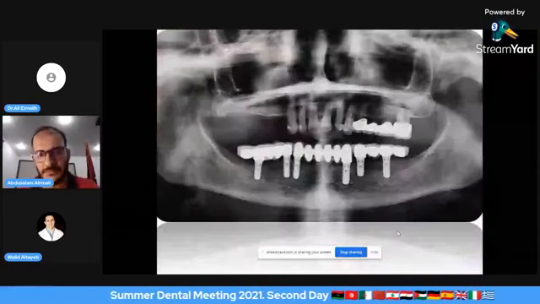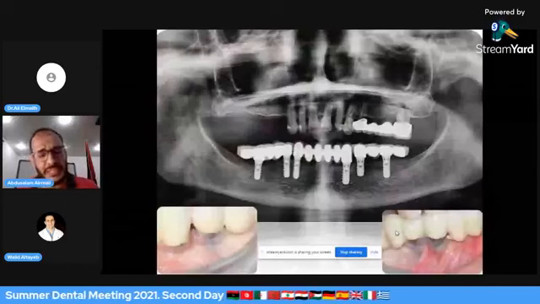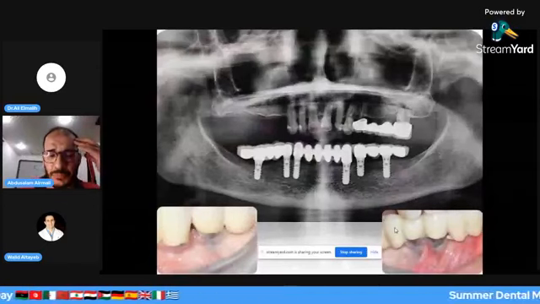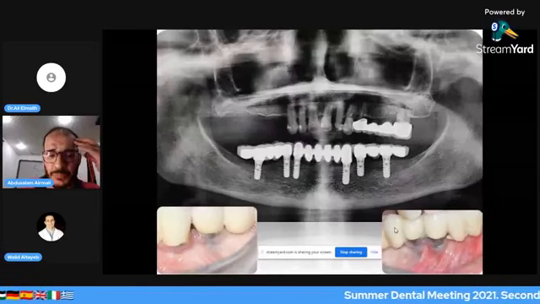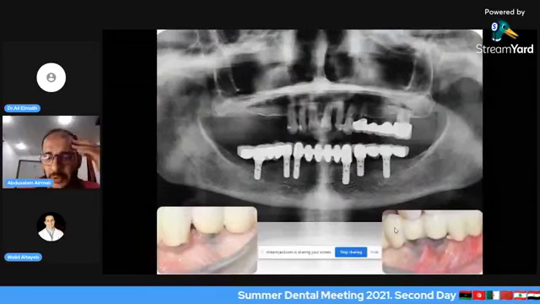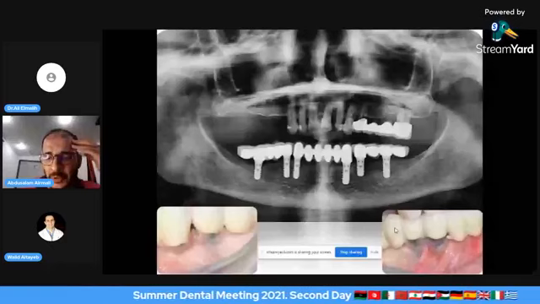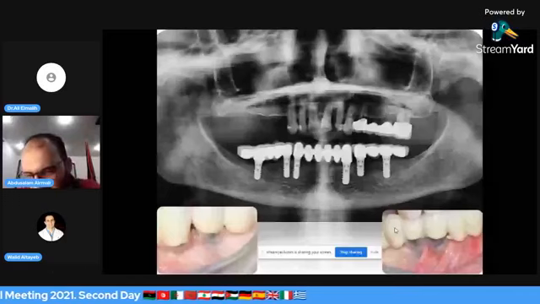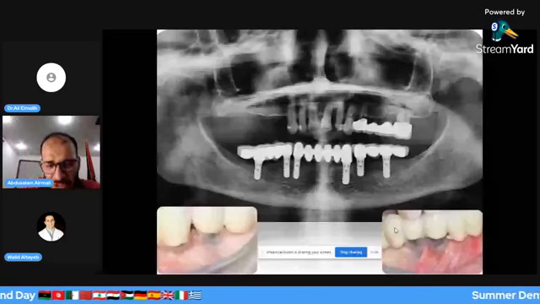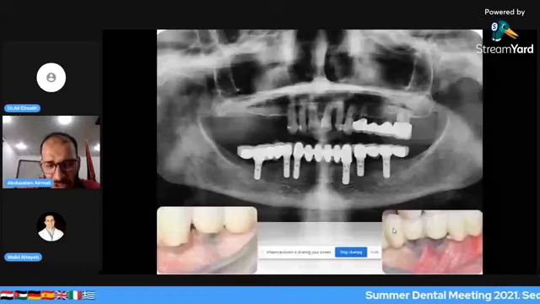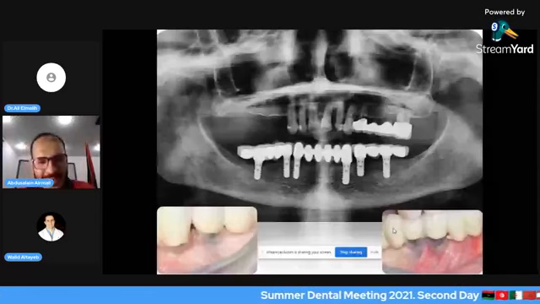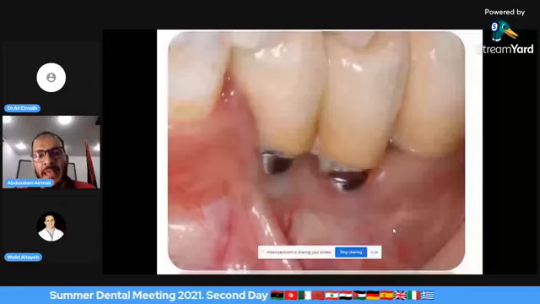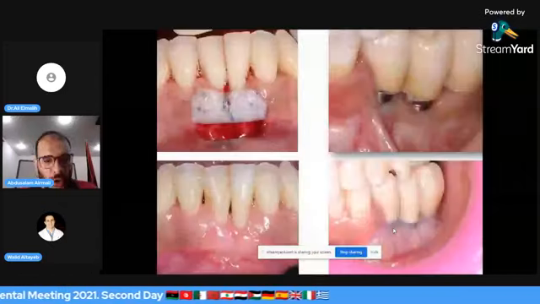In the OPG, which is 2D, you cannot actually recognize the resorption of bone. You can see in the OPG that the mesial and distal are excellent, but our problem in those cases, as in those photos, reveals lack of soft tissue, frenulum attachment and lack of keratinized gingiva, which increases the chance of peri-implantitis, chronic gingival inflammation and formation of dental plaque, and may, with time, lead to loss of this implant.